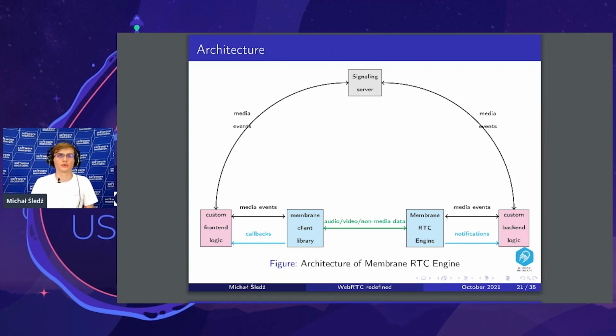We also solve all race conditions related to those things internally, so the developer also doesn't have to think about any race conditions. And also important, we provide an abstraction layer with rooms and peers.